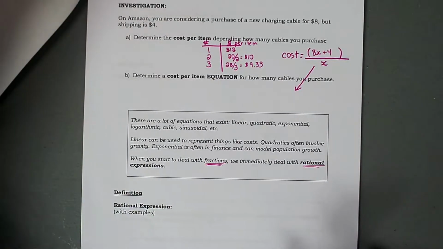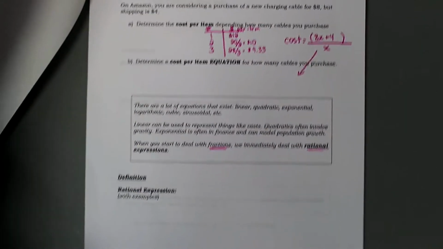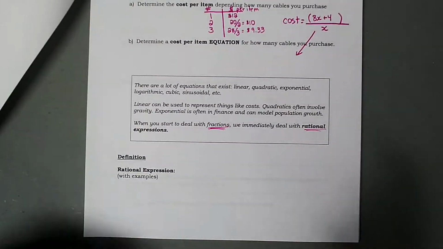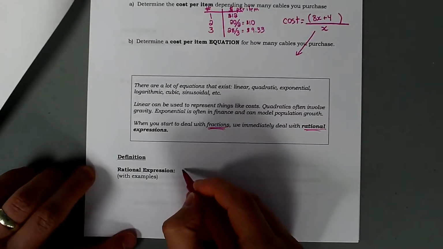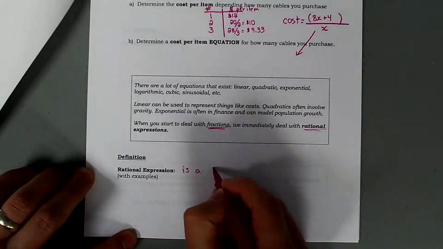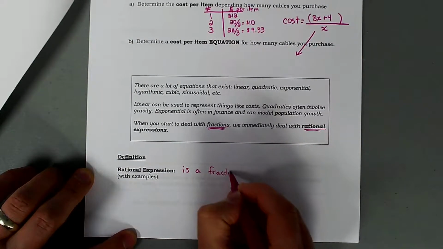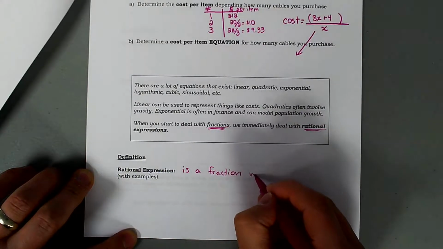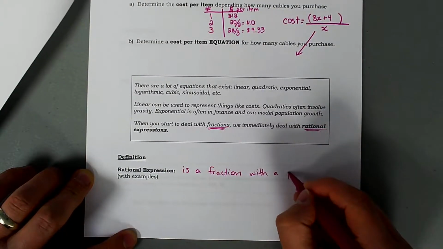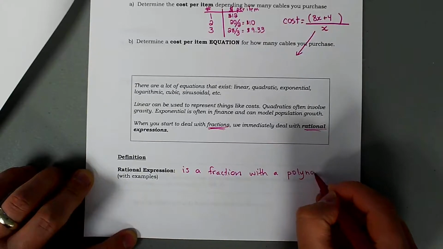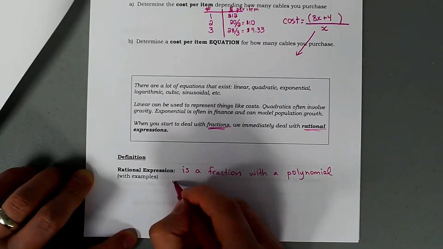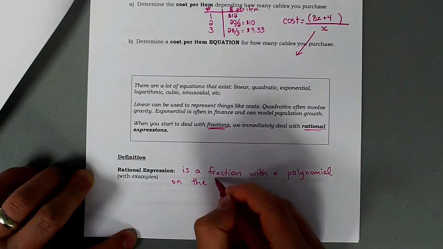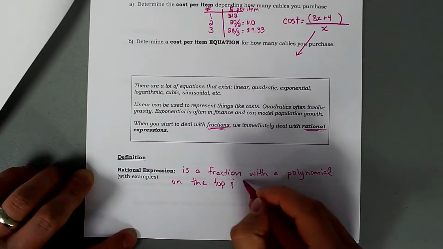Now, our definition of a rational expression that we're going to try to really simplify is that a rational expression is a fraction with a polynomial on the top and the bottom.